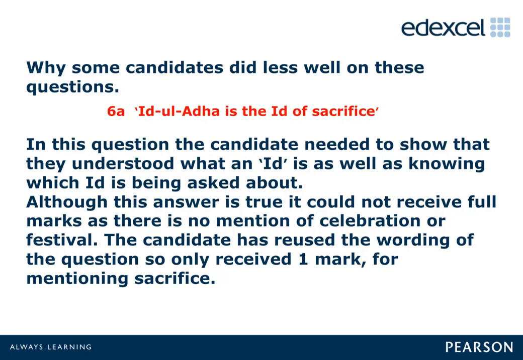Also, in question 7A, what is meant by halal, candidates who wrote, "It is about what food Muslims can eat," misunderstood the concept of halal as meaning anything that is allowed, and so were only credited with 1 mark for mentioning food as an example of something that is halal.